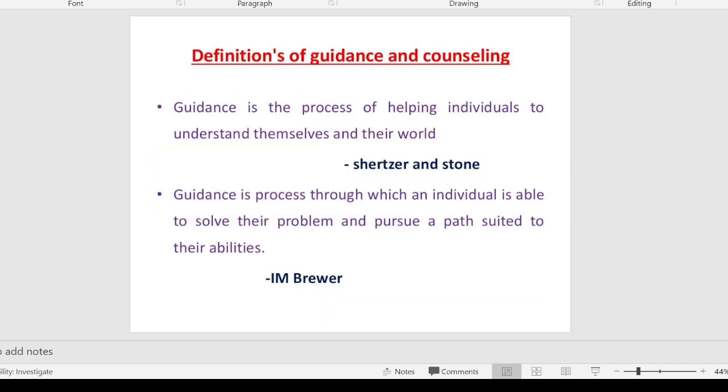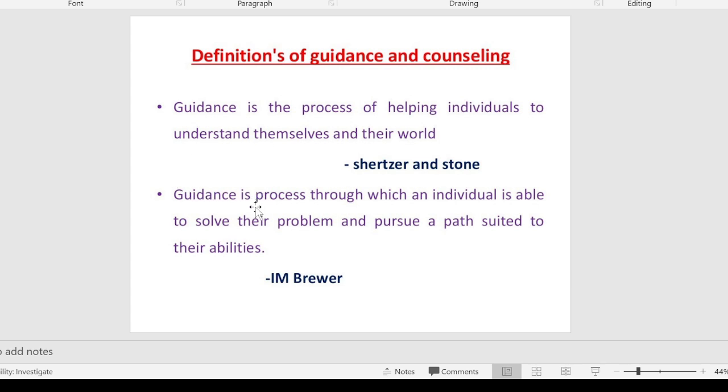Okay, let's have a look. What is guidance and what is counseling? Guidance is the process of helping individuals to understand themselves and the world. You are helping individuals, the family or the community to understand themselves and the world. Guidance is not target oriented; you are just helping the individual to understand themselves.